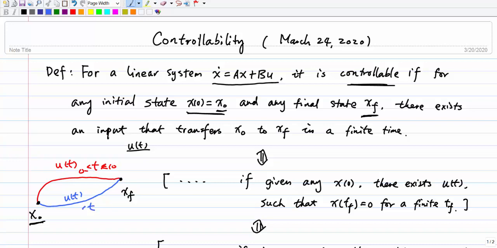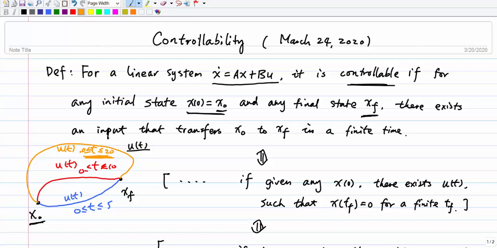You don't necessarily have the same time, you start at the same time of course, but it can end at a different time, let's say 5. So as long as you can find one u(t), either the red one or the blue one, you could have even more possibilities going here, this is another u(t), for t from 0 to 20, for example. That's fine, as long as there exists an input that transforms my state from x0 to xf during a finite period of time. It cannot be an infinite period of time. Then the system is called controllable.